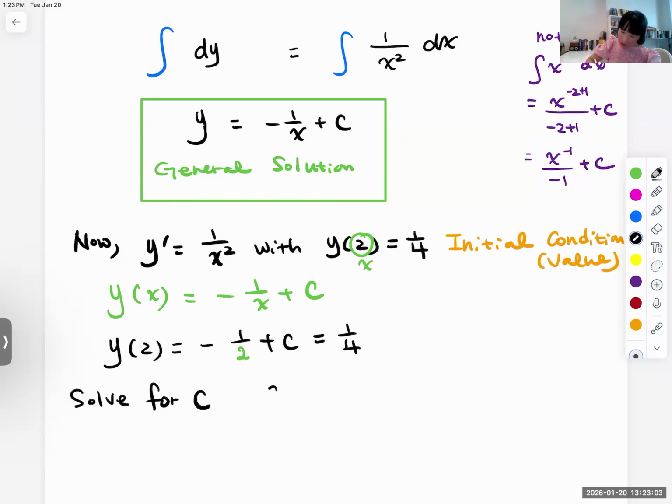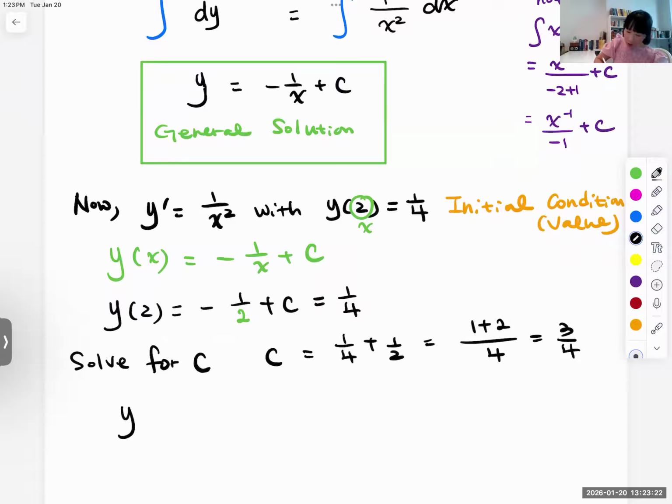So c will be 1 over 4 plus 1 half. Then this will be 1 plus 2 over 4, which is 3 over 4. Make sense? So y of x equal to negative 1 over x plus 3 over 4, right?